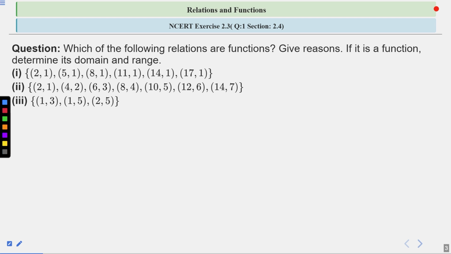If it is a function, then determine its domain as well as the range. Clear? So you will have some seconds to try this problem. Then afterwards, we will move on to the solution slide. So your time starts now.